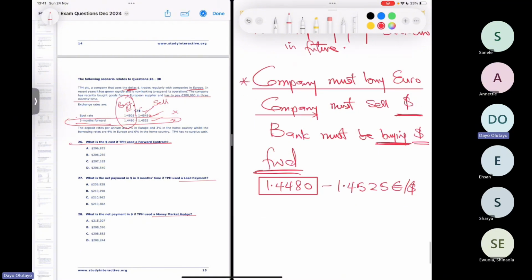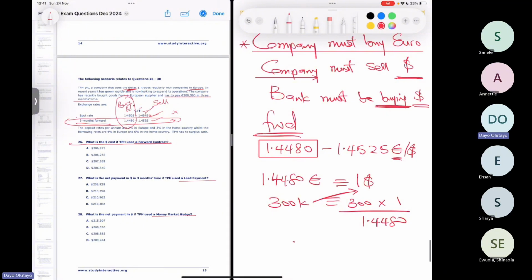And if that's what we have to use, then it means that 1.4480 euro, yeah, is equivalent to $1. Remember, it's per dollar. And we are looking for how much dollar the company needs to buy. So we'll cross multiply. So that's 300 times 1 divided by 1.4480. And that gives us the dollar equivalent.